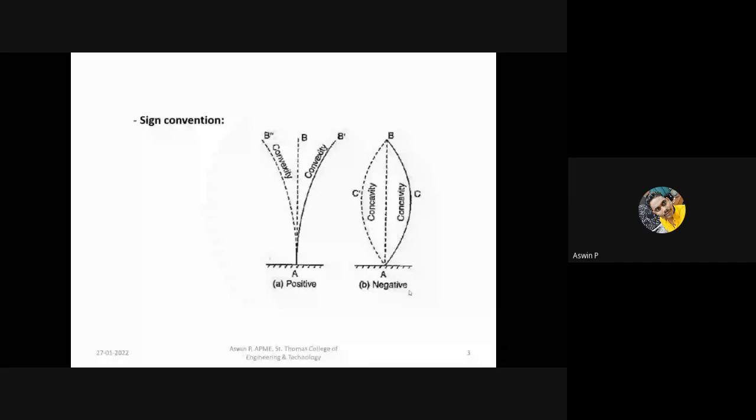In the syllabus, they have mentioned only to derive Euler's equation for both ends pinned or hinged. No need to take other end conditions. You only need to derive the equation for both ends pinned.